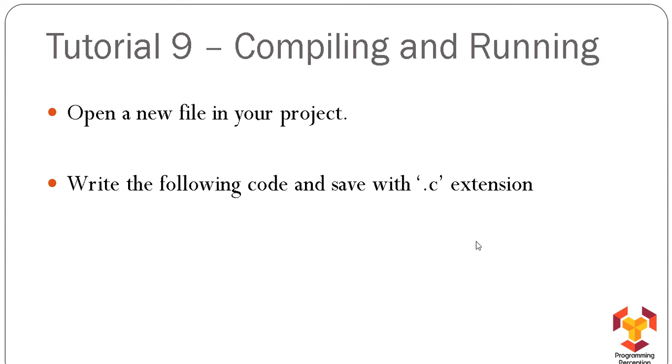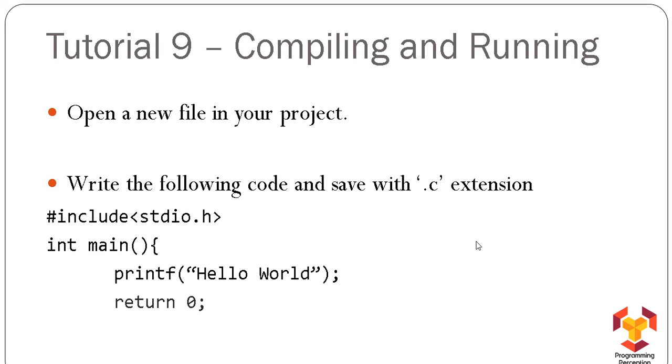Now we need to open a new file in our project, write the following code and save it with a .c extension. This is the code that we will save there. If you are not understanding what I have written over here, don't worry, you will understand all these pieces of code soon. All that you need to do right now is copy and paste this code so that you can test and check how to create and run a C program.